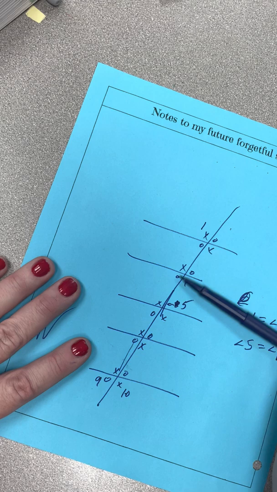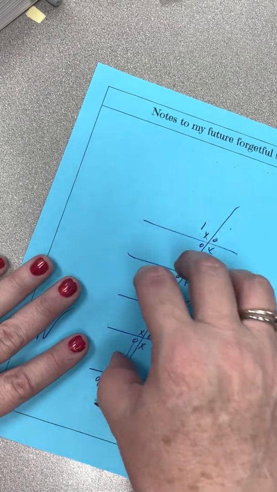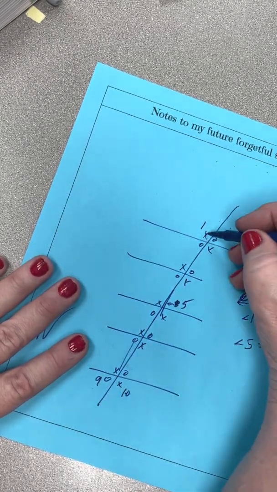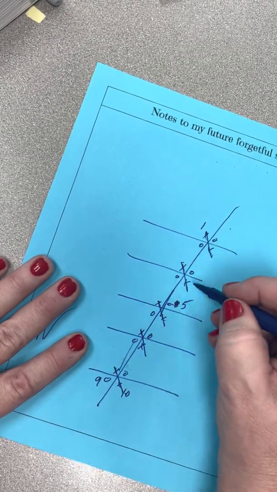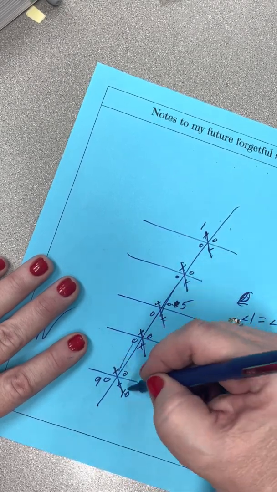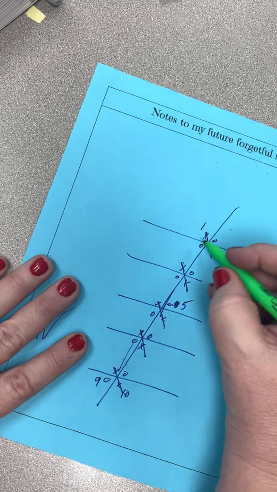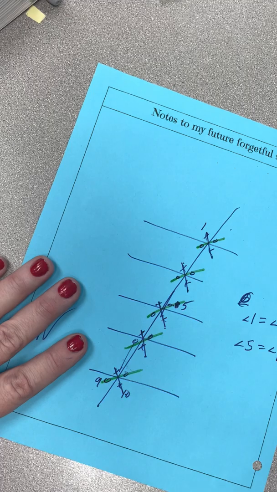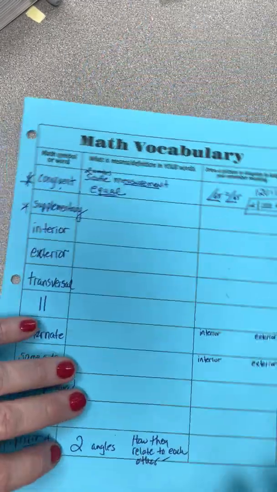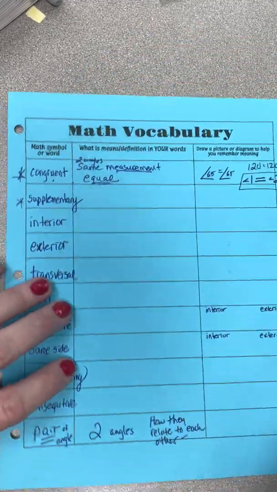This is just a really quick strategy to know which ones are equal. And it's always the vertical that look the same. This is going left to right, left to right, left to right, left to right. This is going right to left, right to left. See the difference? Okay. So congruent.